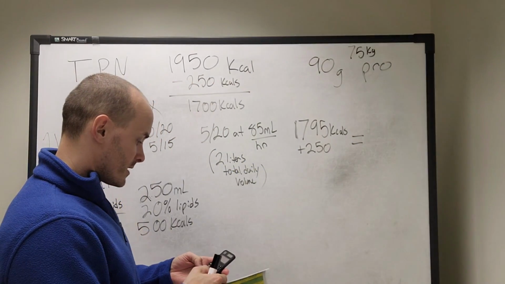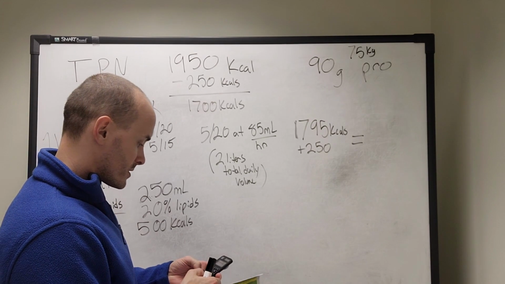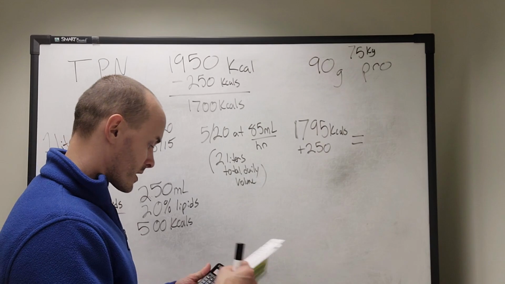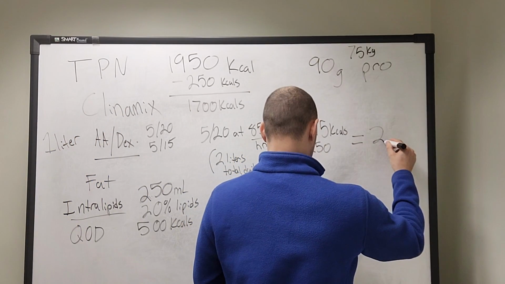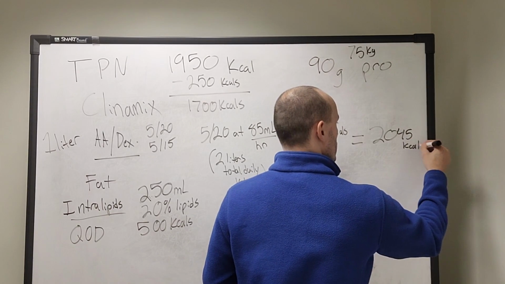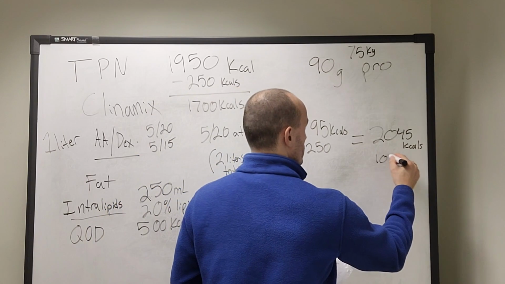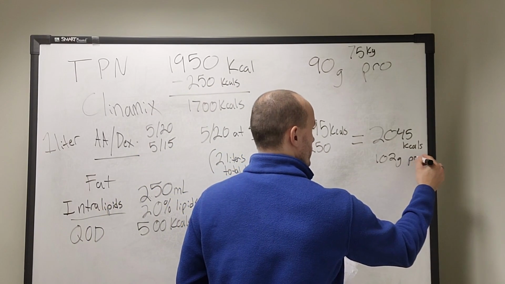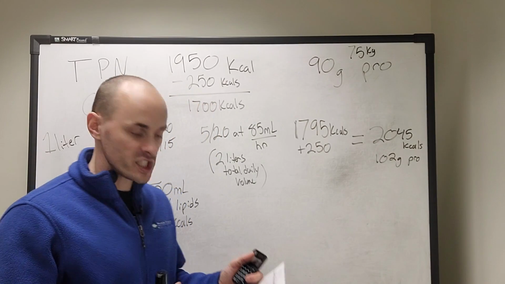So we'll be overfeeding this patient slightly, but let's just assume they're not intubated, so it's not a big deal if they get an extra 100 calories. 2045 kcals. 102 grams of protein. And then the last thing we need to figure out is their GIR.